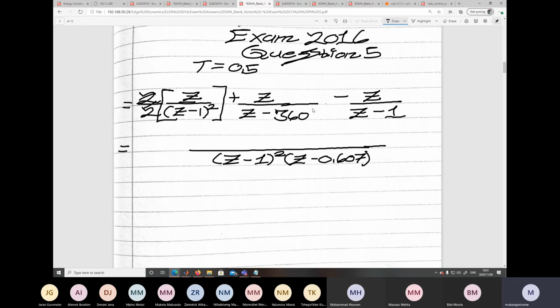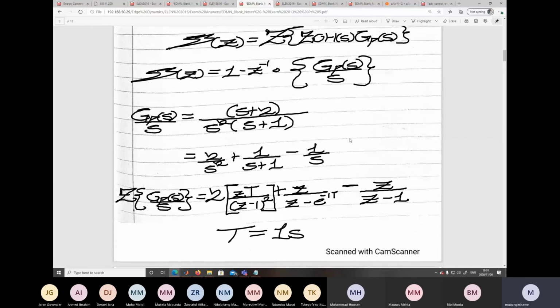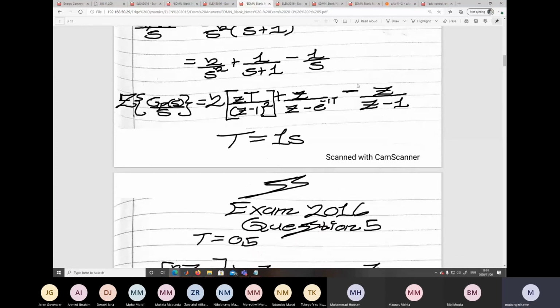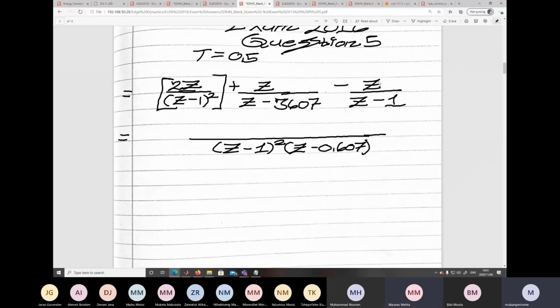This is still 2 then. Anything else? No, those are the changes. Our numerator has to change. Yeah, denominator, 2Z.